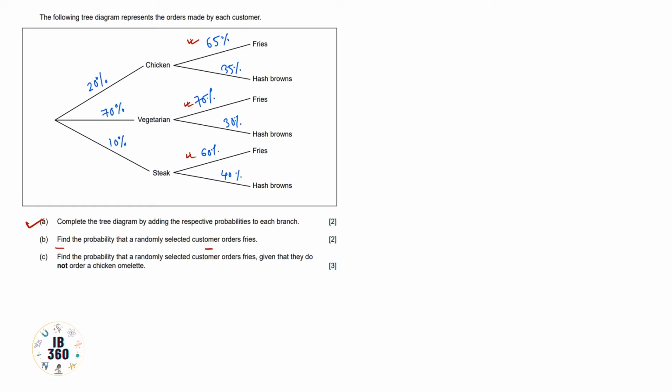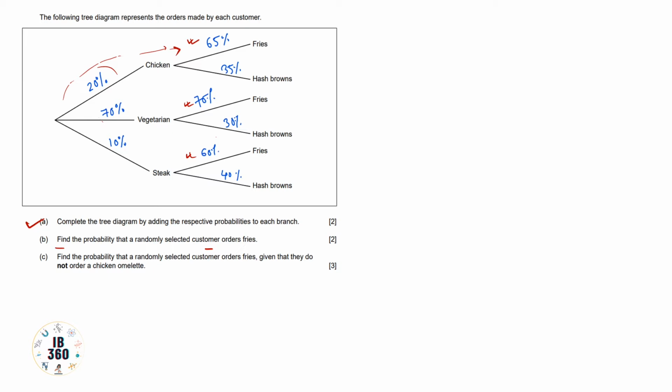To go to this branch we have to move this way: 20% and then 65%, or 70% and then 70%, or 10% and then 60%. Remember that 'and' means the multiplication operator here. So first of all, one customer is there, and that customer can order fries.